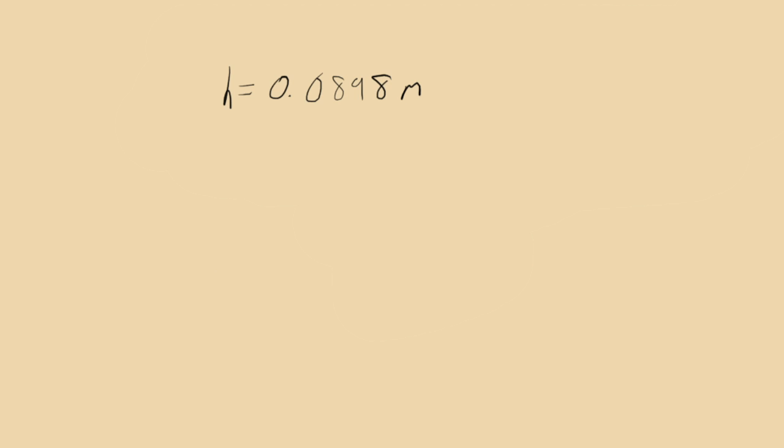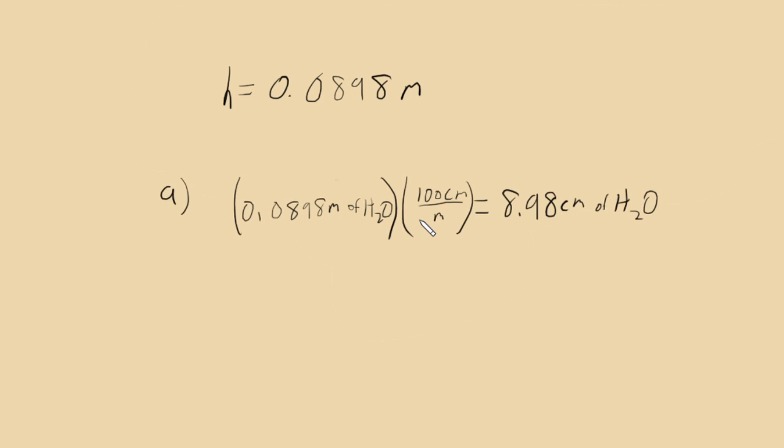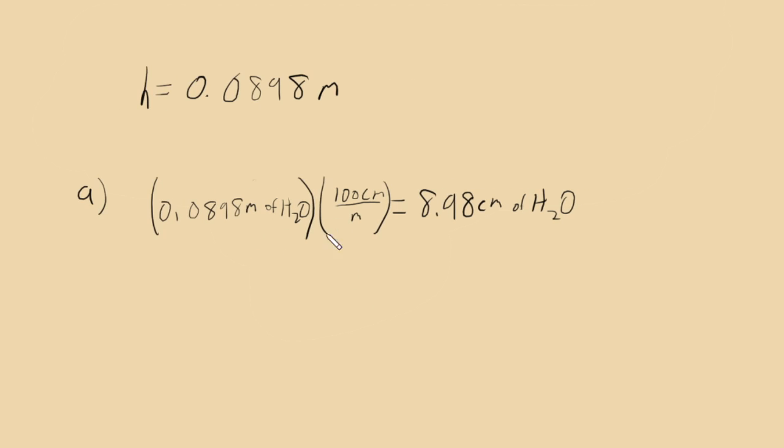Okay, so we start with a height of 0.0898 meters. So in our first problem, we just need to do some dimensional analysis here. So we're just multiplying our meters of water.